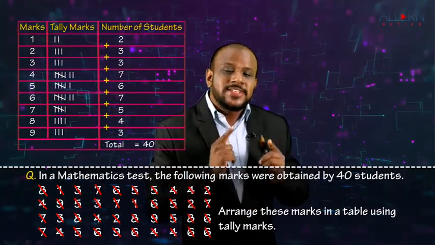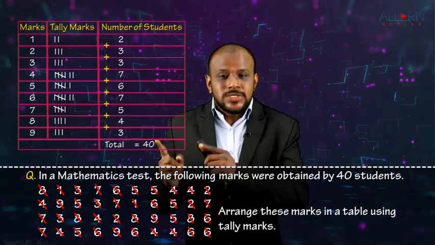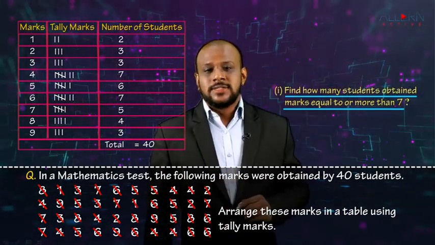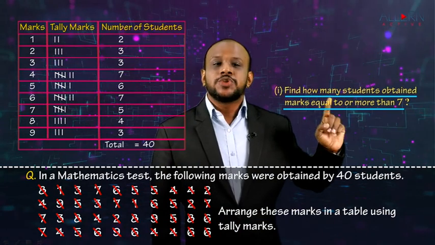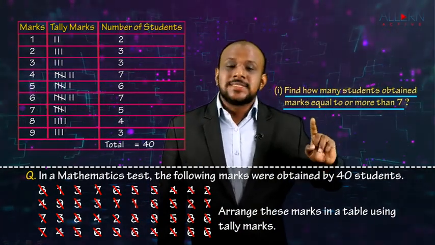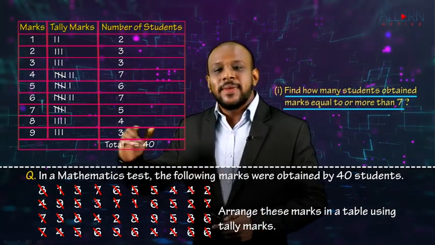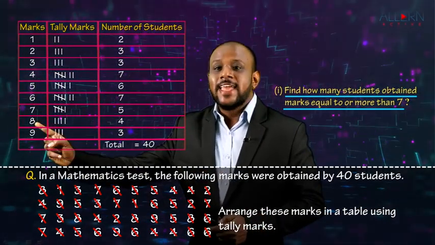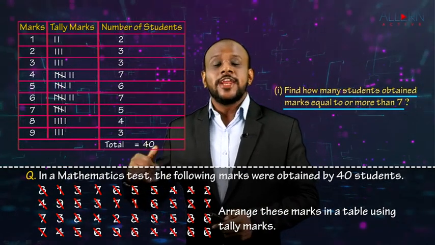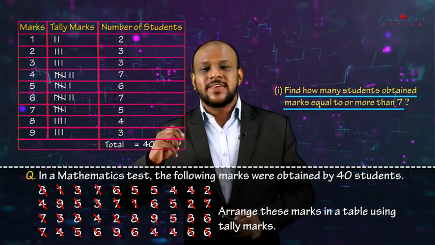Alright. Now once the table is done, the tally mark is done, there are some additional questions being asked. So using this table, we are going to answer a few questions. Find how many students obtained marks equal to or more than 7. Now equal to or more than 7 means 7, 8, 9. So we need to find how many students have scored 7 or more.